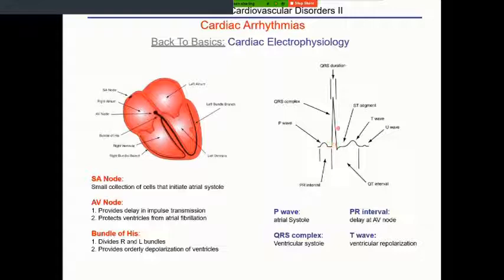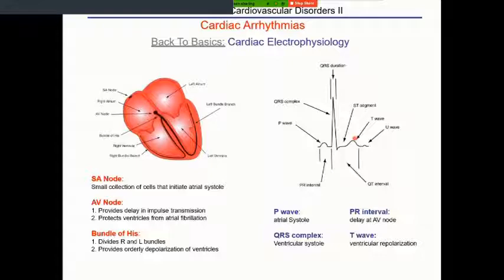Then the QRS complex, of course, reflects your ventricular activity, and this represents the ventricular systole, or the contraction of your ventricles. The QRS duration represents the ventricular systole. Your T wave, on the other hand, is the period of ventricular repolarization.